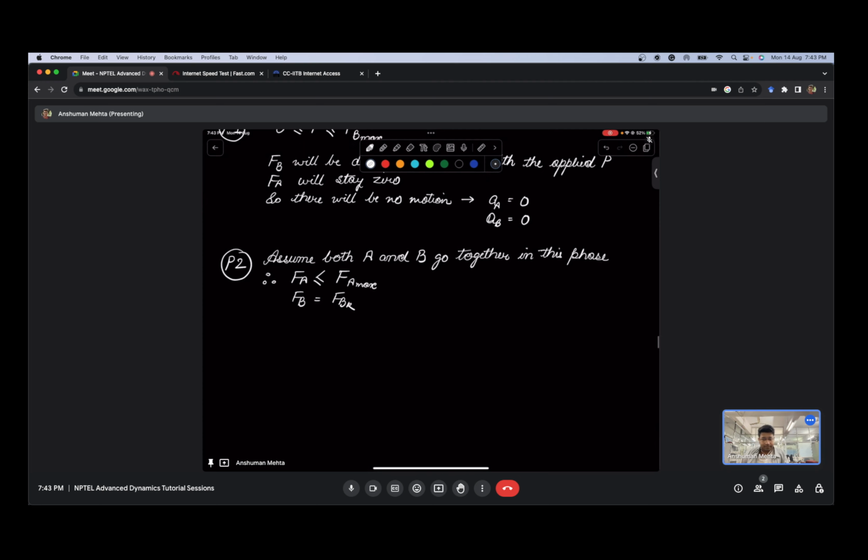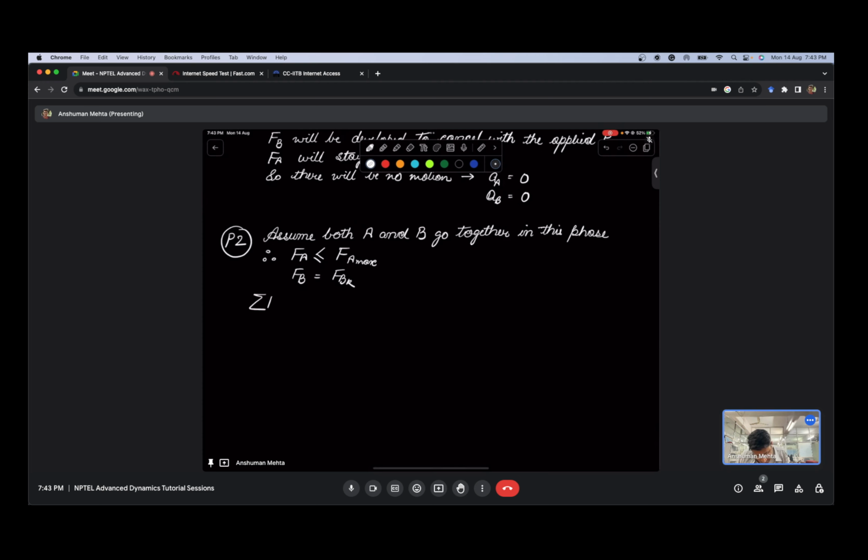Okay, now balancing the force, this will lead us that f of A is equal to 35A and P minus f of A minus f of BK is equal to 42A.